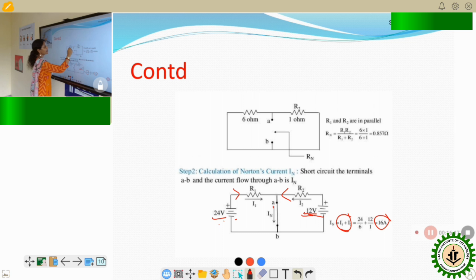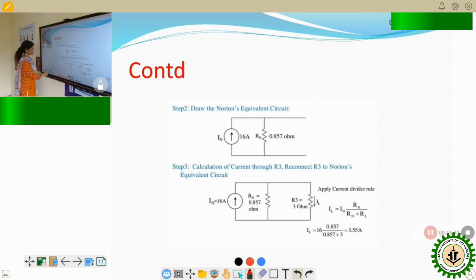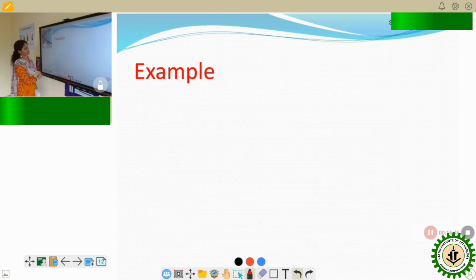Then it is understood that the 6 ohm and 1 ohm resistors are in parallel connection. So RN will be equal to R1 R2 by R1 plus R2. It is very simple: 6 into 1 by 6 plus 1, so it will be 0.857 ohm. That is the RN. After calculating IN and RN, draw the Norton's equivalent circuit.